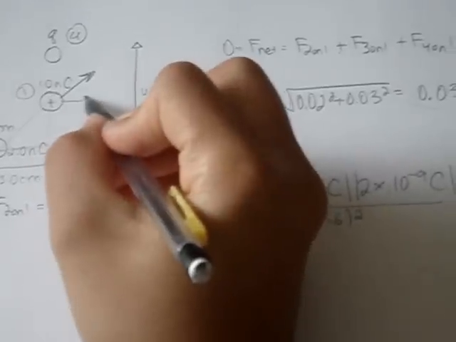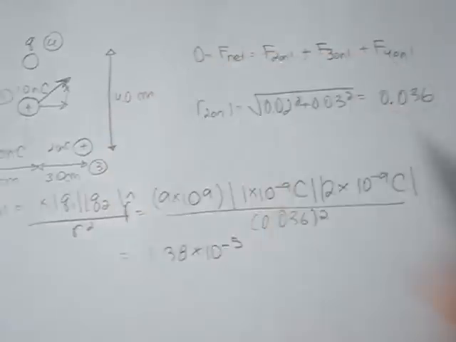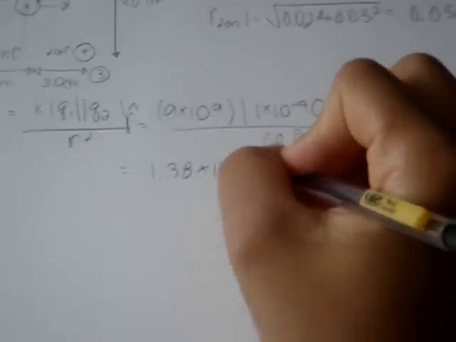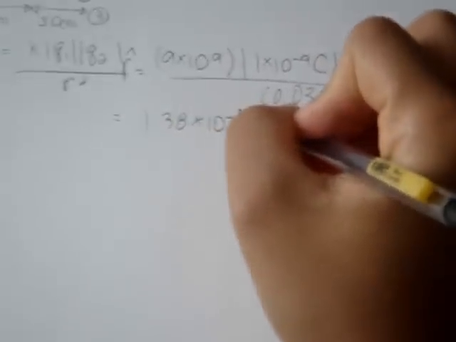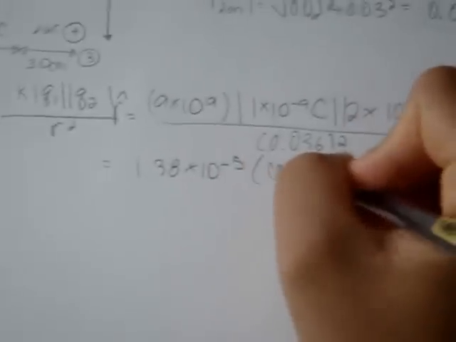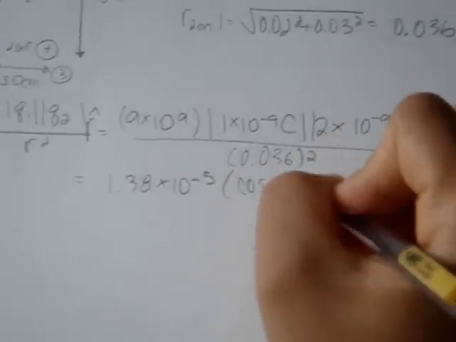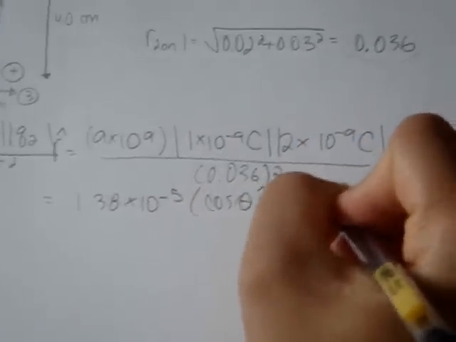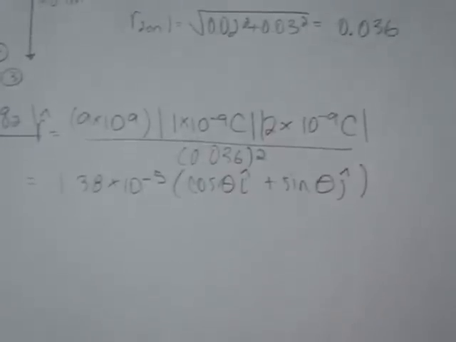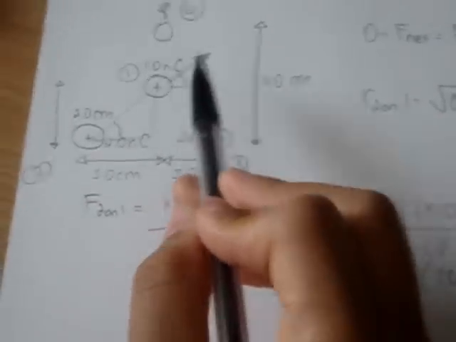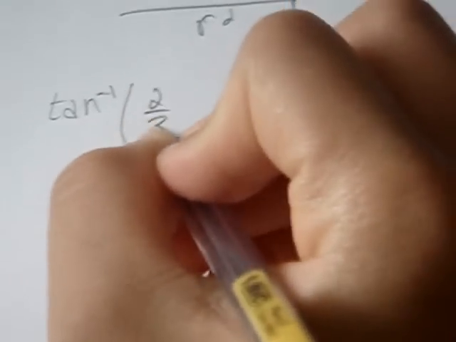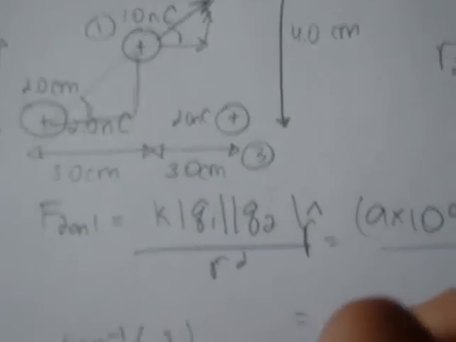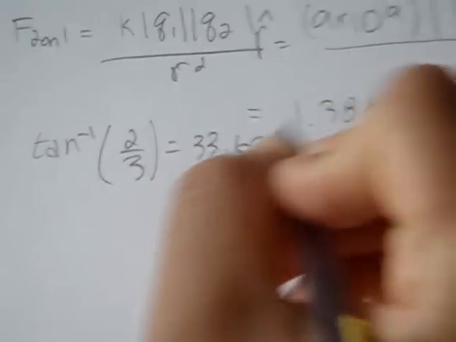So you have a positive x value and a positive y value, and that can be found by doing cosine theta i hat plus sine theta j hat, since they're both positive values. And you can find this angle theta by doing the inverse tangent of 2 over 3, opposite over adjacent, and that will give you 33.69 degrees.